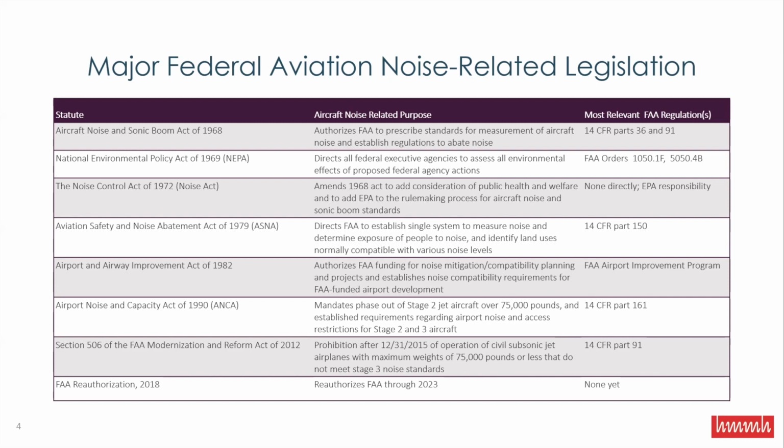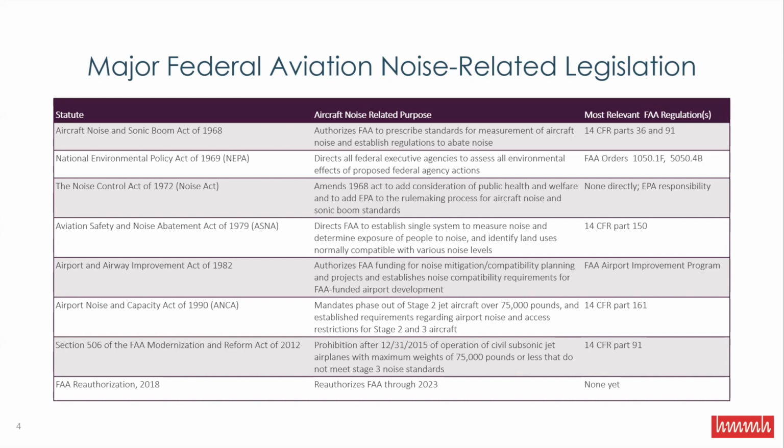And so this Noise and Capacity Act phased out Stage 2 and older aircraft. Through Part 36 and 91, we are actually through now Stage 5, which is much quieter than the Stage 2 aircraft.